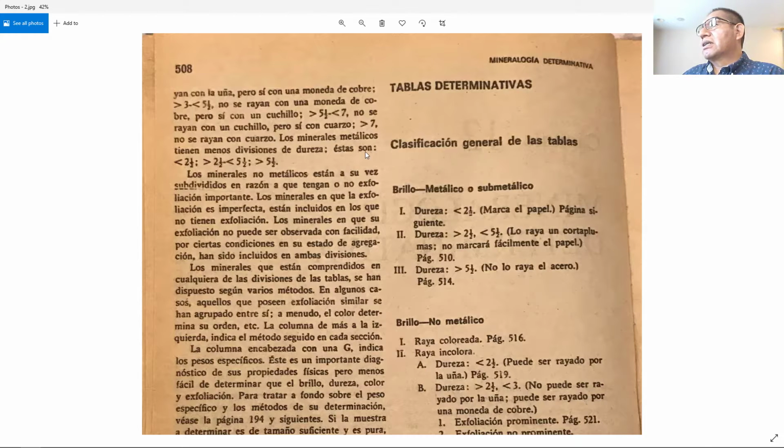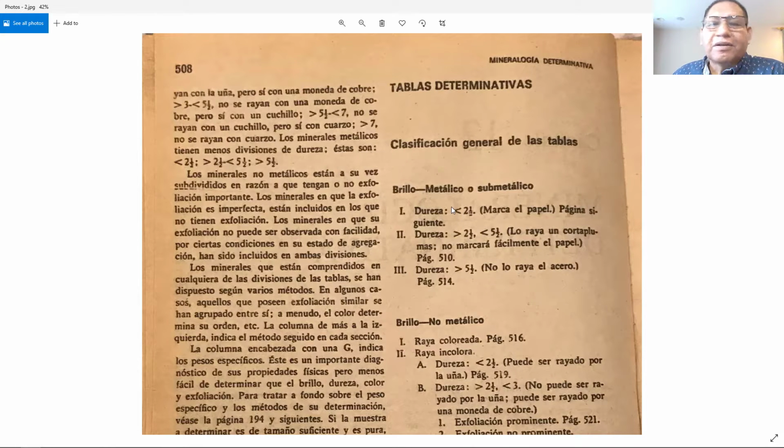So, the general classification of the tables. This is talking about the brightness of the mineral, of course, metallic or submetallic, right? The first one that we want to focus on is minerals with hardness less than 2, which make a mark on paper.